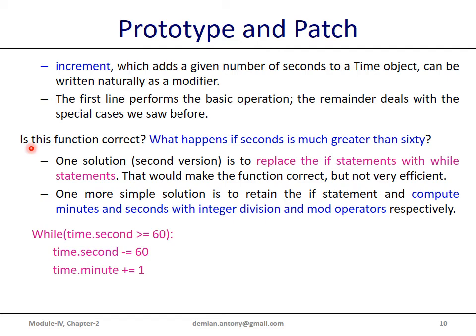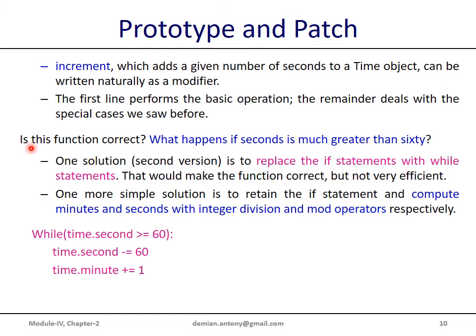So one solution is to replace the if statements in the previous function with a while statement, and definitely we get a correct result because we are going to subtract 60 as long as the seconds are greater than or equal to 60.